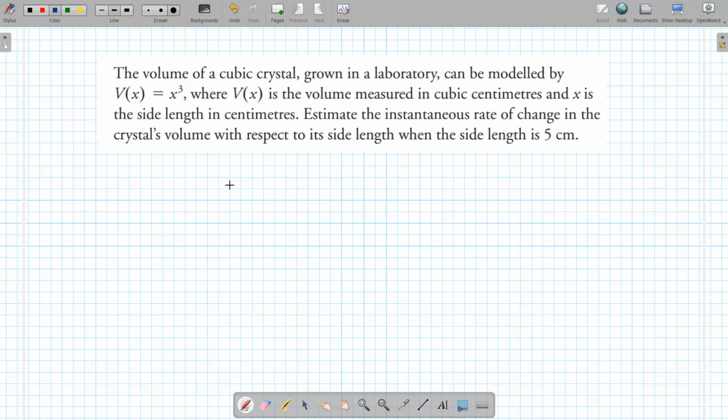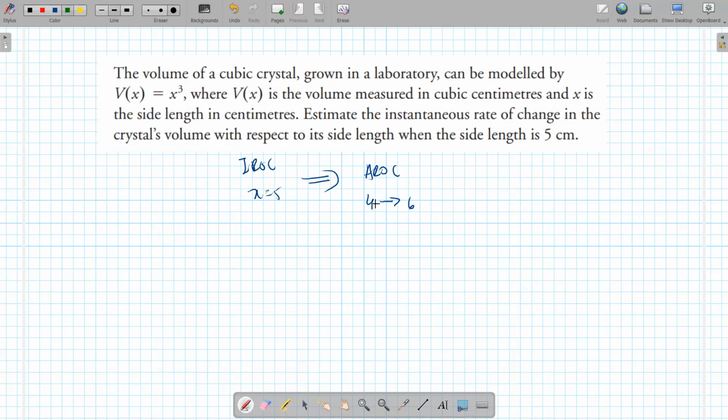You can either do the preceding, following, or centered. Here they want 5, right? If they want the IROC at 5, that's the same thing as finding the AROC between 4 and 6, because 5 would be exactly in the middle.